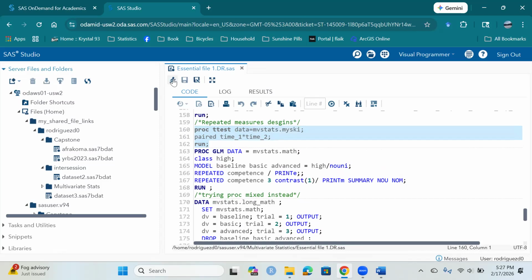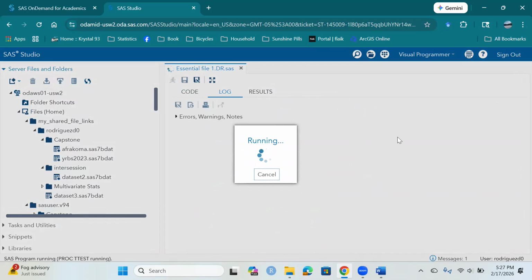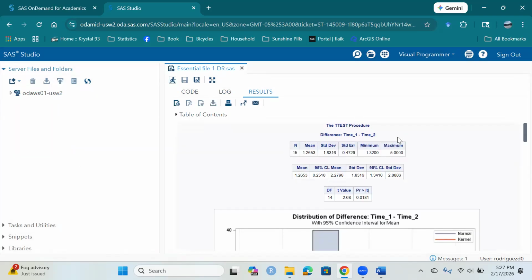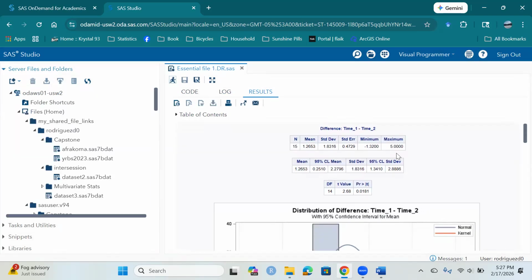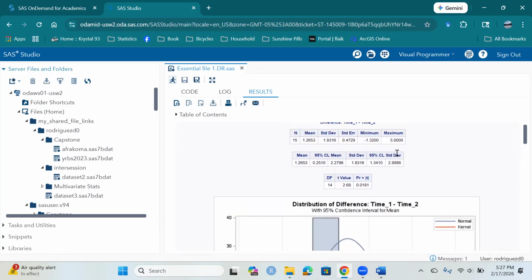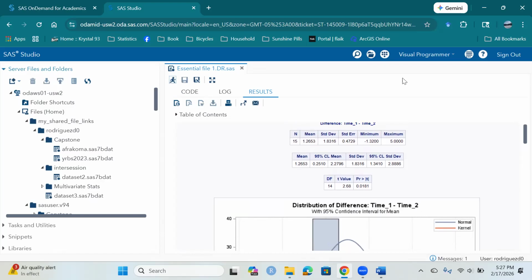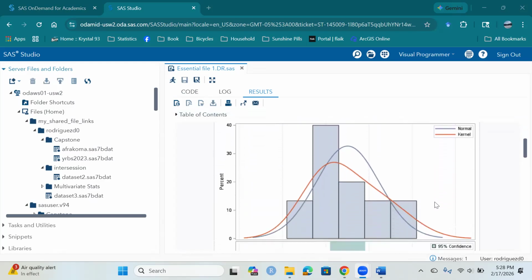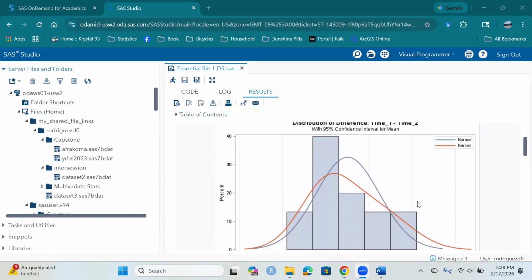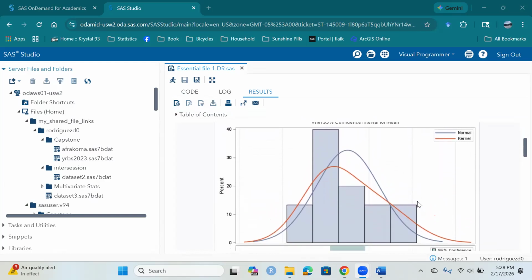There you go. So let's run this little guy here, and we get our results. Basically, what I'm looking for here is whether or not we have a significant difference. But you can also look at the difference score and its distribution.